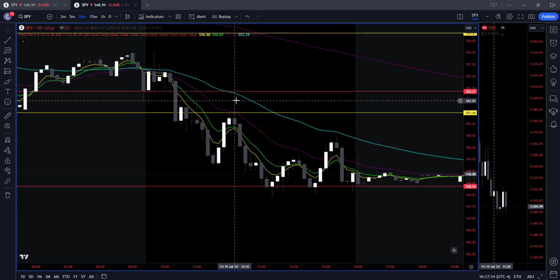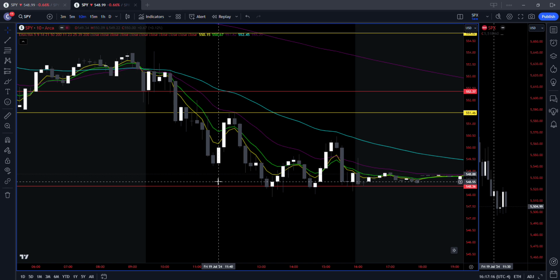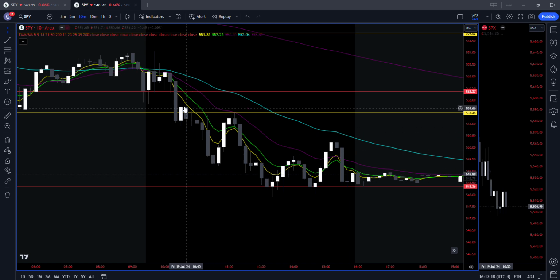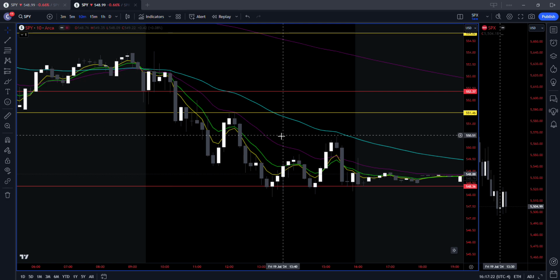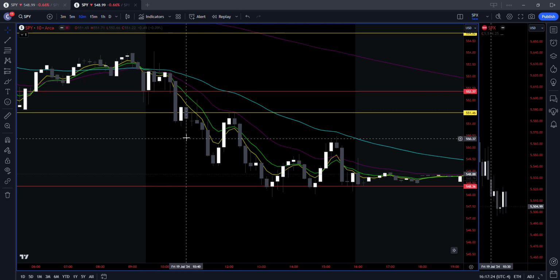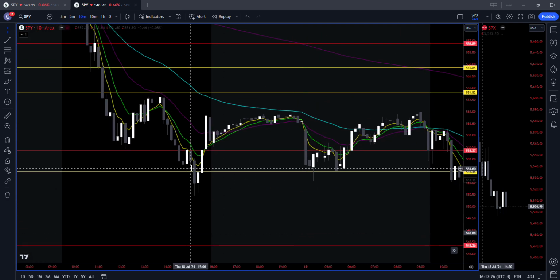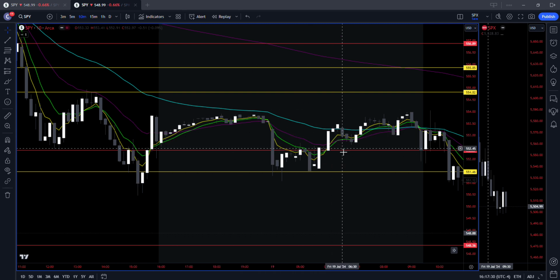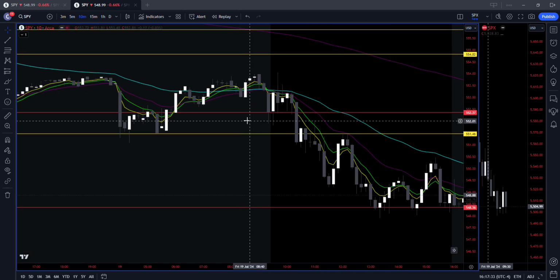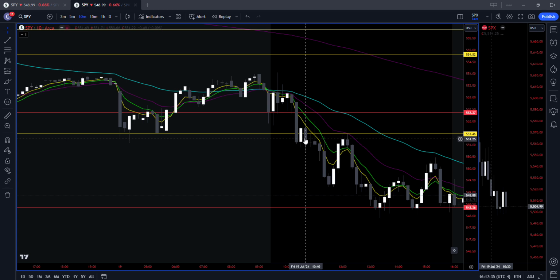Momentum, you can see, 5 and 9 EMAs are good for momentum. But you cannot just follow the EMAs when it's a range like this. You want to follow the EMAs once your level breaks out.